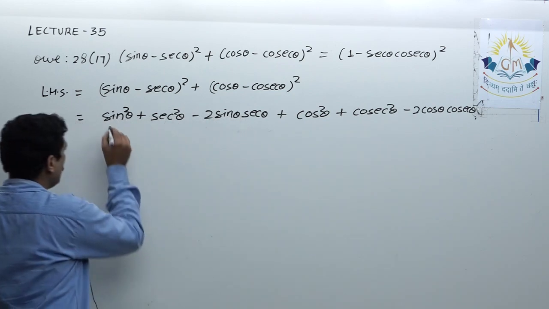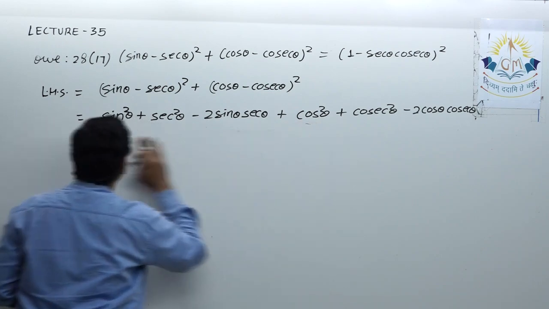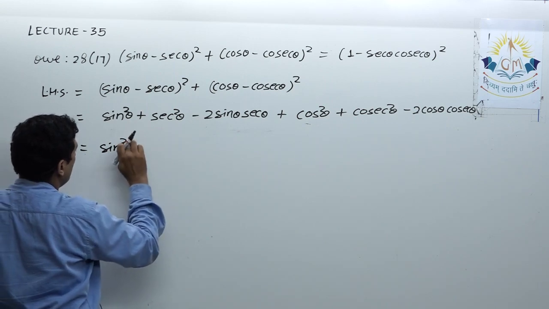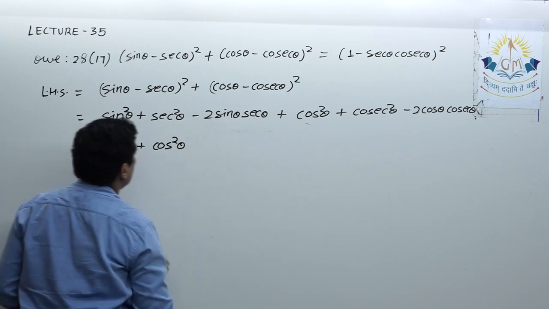Now the very first thing I can see is that sin square theta plus cos square theta gives 1. So next step, I write these two terms together, that is sin square theta plus cos square theta.